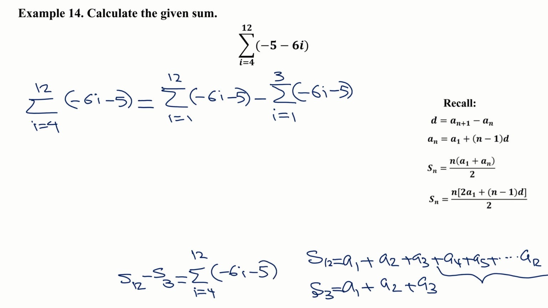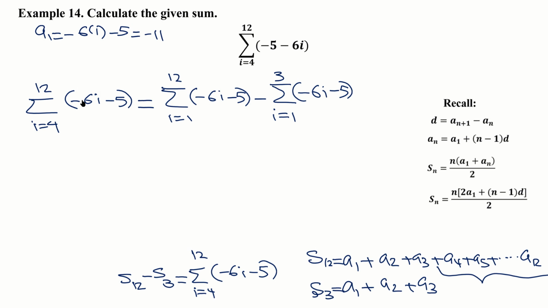So now all we need to do is, well, obviously for this one, for instance, we know n is 12, right? We need to know A1, which is, remember, just run the value of 1 through the expression. So negative 6 times 1 minus 5, so that's going to be negative 11. And we need to know the common difference, of course.